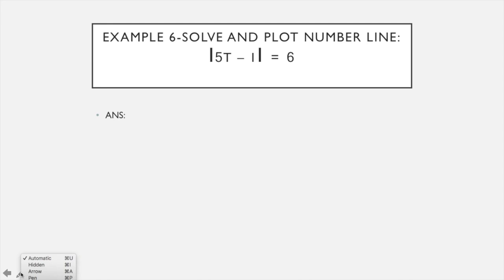So we need to write both of those situations and solve for it. So we can remove the absolute value bars. We'll write the first case where what's inside is equal to a positive 6. That's the first case. And we'll write the second case where what's inside is equal to a negative 6.